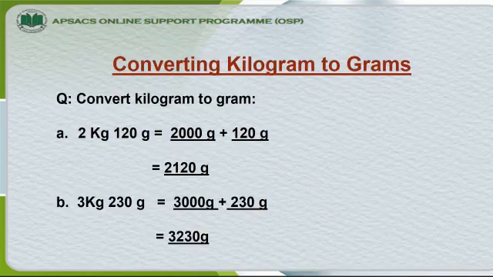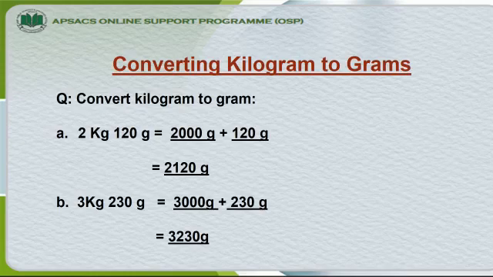Okay, now let's convert kilograms to grams. How to convert kilograms to grams? The question is 2 kilograms 120 grams. We all know that 2 kilograms is equal to 2000 grams.